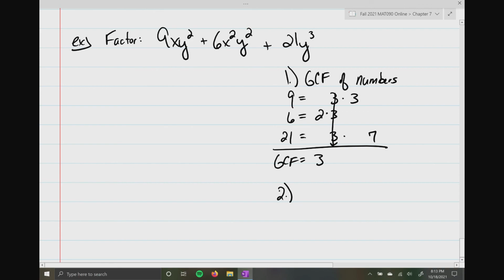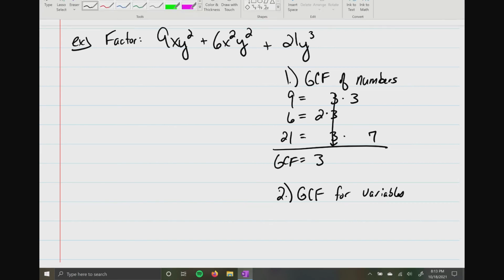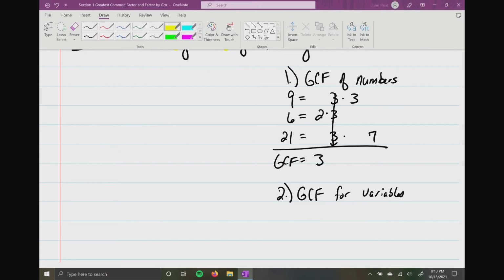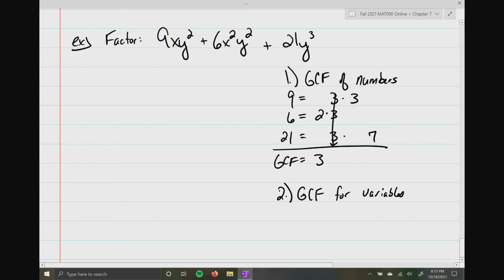Part 2. GCF for the variables. Now, remember, every term has to contain at least one of the variables. I'm going to highlight for us. There's an x. Here's 2 of them, but that last term does not have an x. So what I'm going to do is write down no x's.